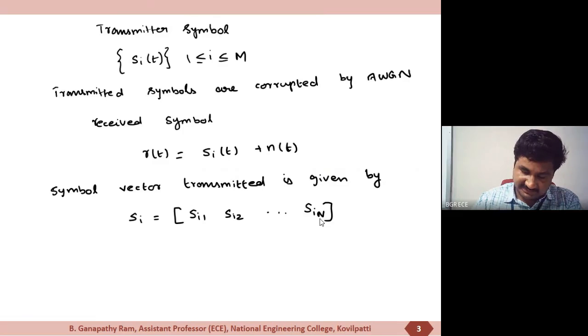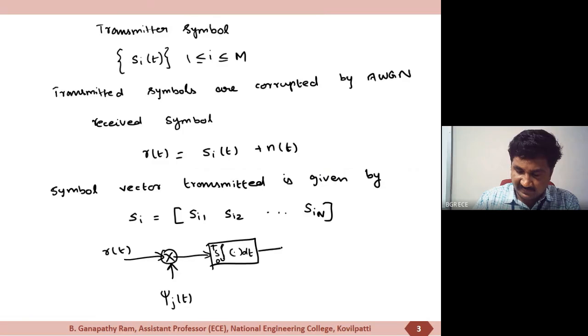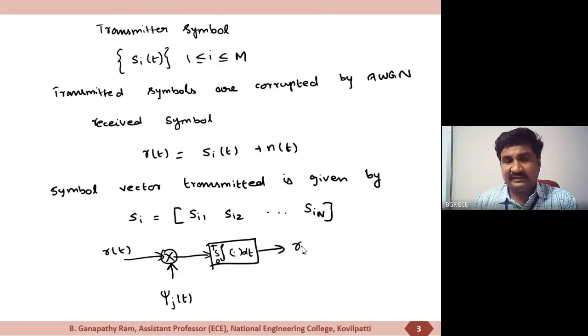After the correlator receiver, R of t is multiplied by psi j of t and integrated over a symbol duration Ts, and Rij is obtained.